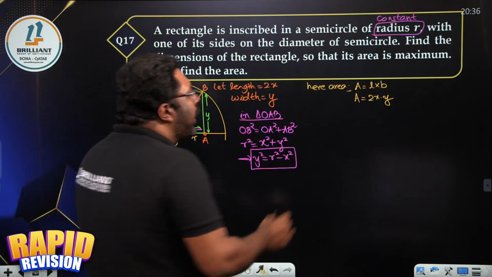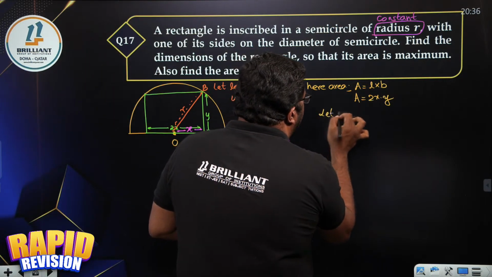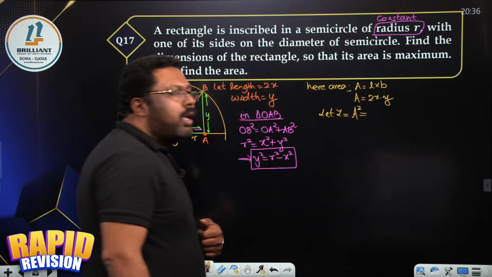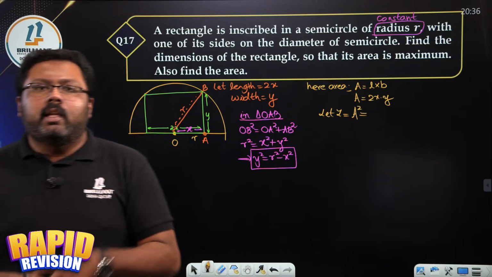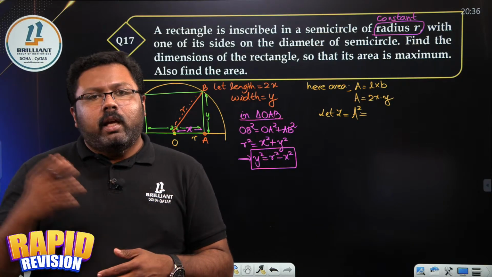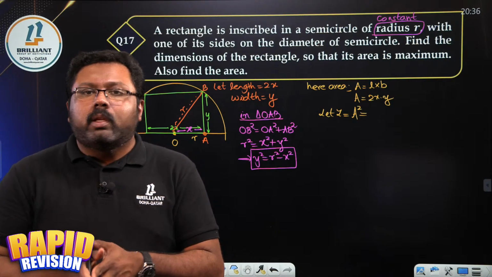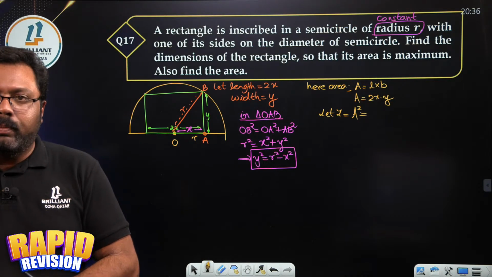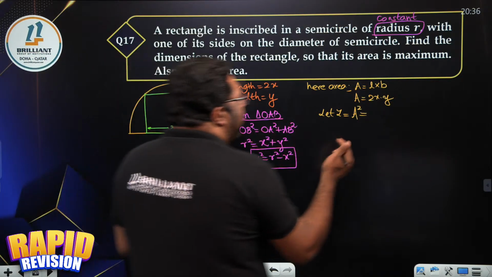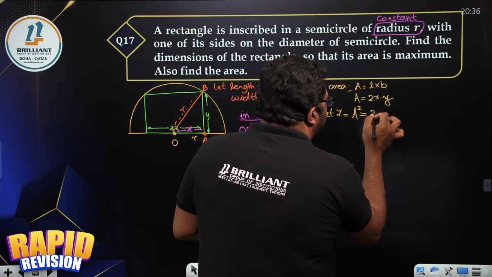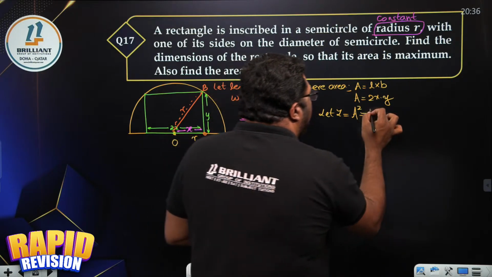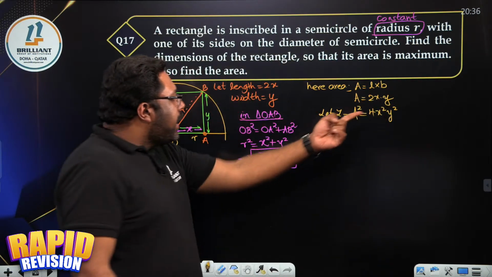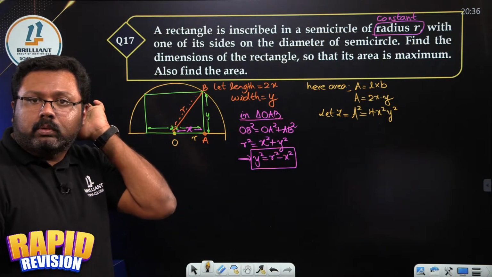And I do not like square roots, so let me consider a new variable z as the square of A. Because according to maxima and minima, if A is maximum, its square, A squared, is also maximum. So that kind of idea is there in the head. So A squared is 2 squared, I can write it directly, 4x squared y squared. Now I can substitute without a square root.